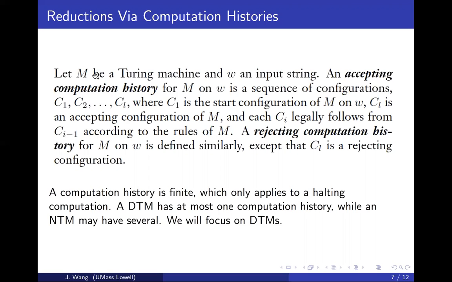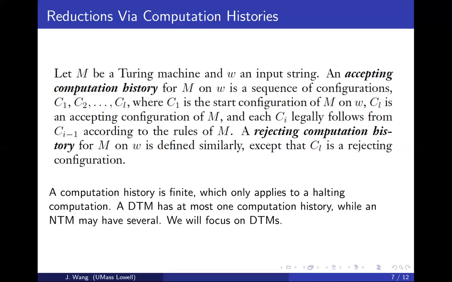An accepting computation history for M on W is a sequence of configurations, C1, C2, up to CL, where C1 is the start configuration of M on W, and CL is an accepting configuration of M. And each Ci legally follows from Ci minus 1 according to the rules of M, according to the transition function of M.